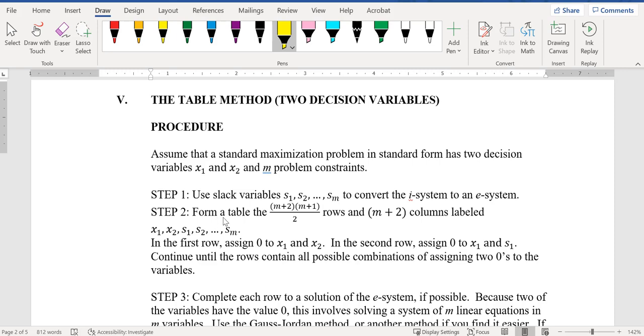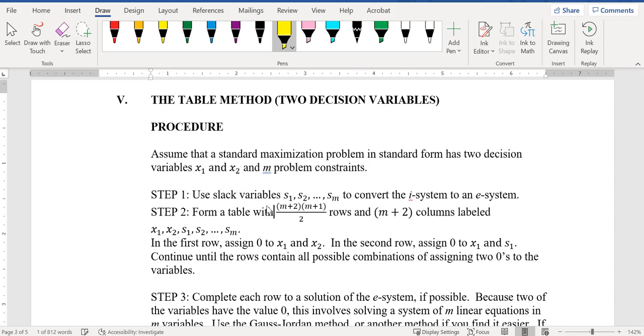Step 2, form a table with (m plus 2) times (m plus 1) all over 2 rows, and with m plus 2 columns. Those columns are going to be labeled x1, x2, and then s1 through sm.